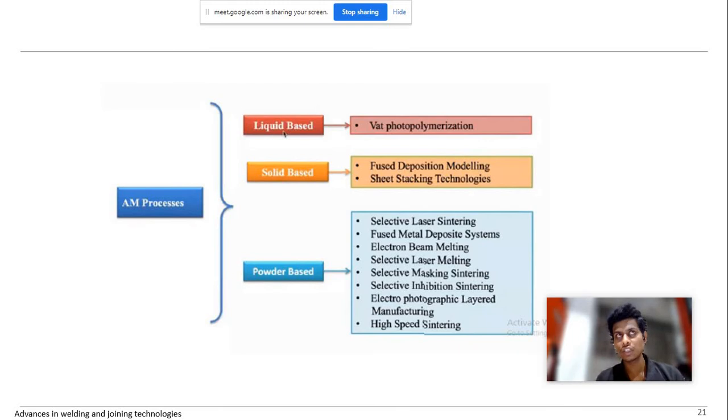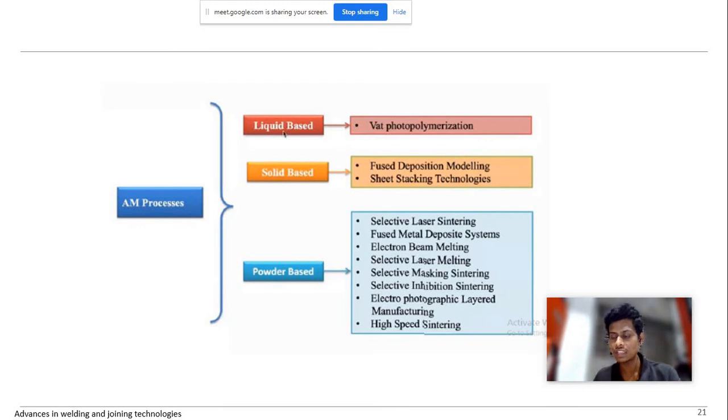In additive manufacturing, based on the CAD model, we deposit the layers, layer by layer, to achieve the component. So here we are dependent on the CAD model and slicing techniques.